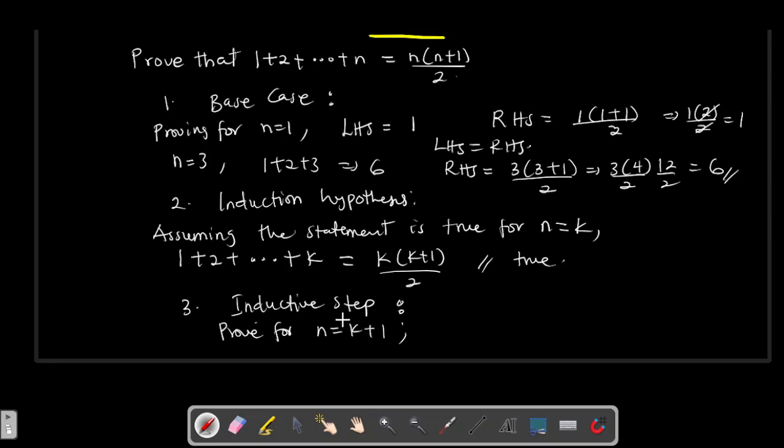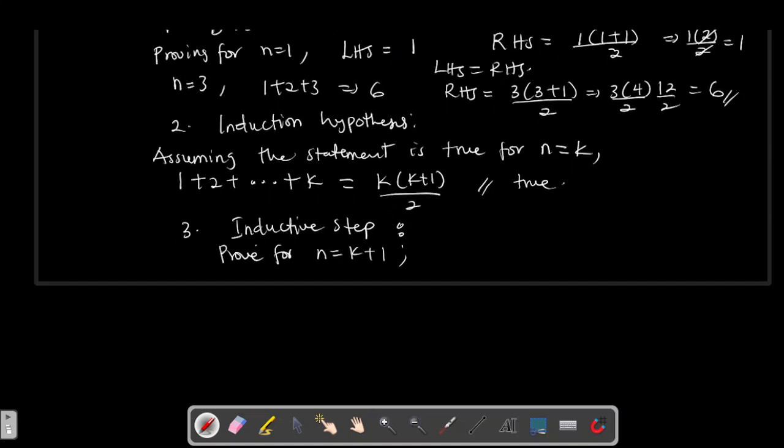This is where we are actually doing the mathematical induction, because we want to know that if indeed our statement is true for any arbitrary number k, then the next number k plus 1 should also work. Once that works, it means that it's going to work for every positive integer, because we don't know k. k can be any number. So if it is true for k and it's working for k plus 1, then it will work for everything. So let's prove the inductive step.